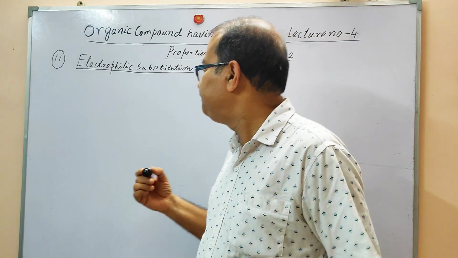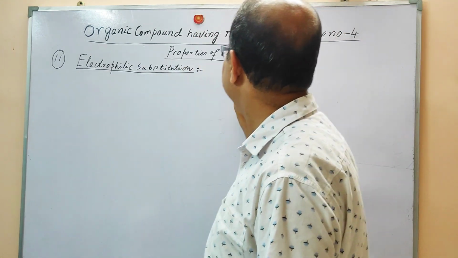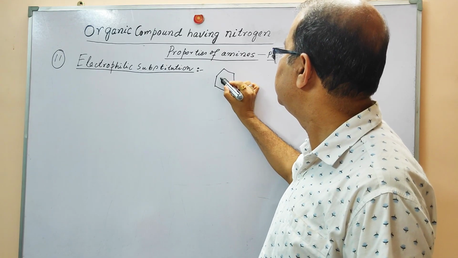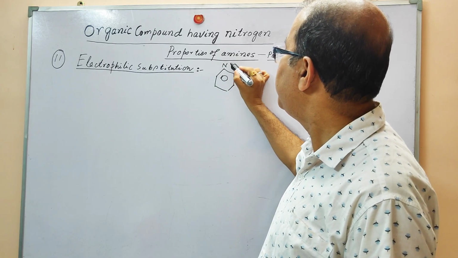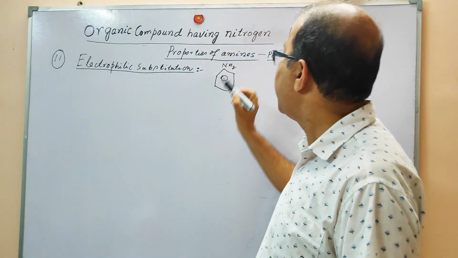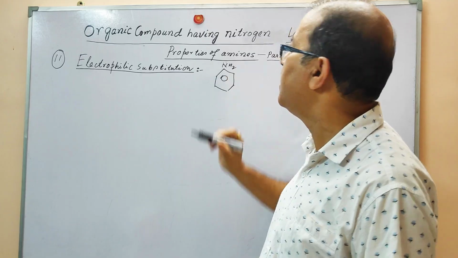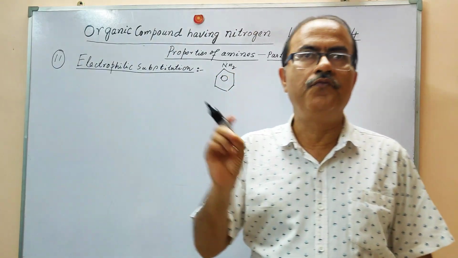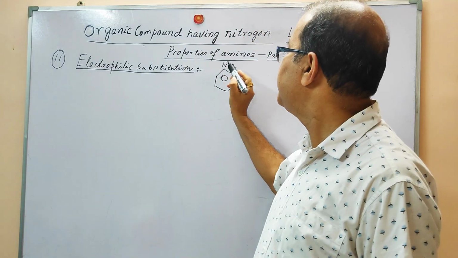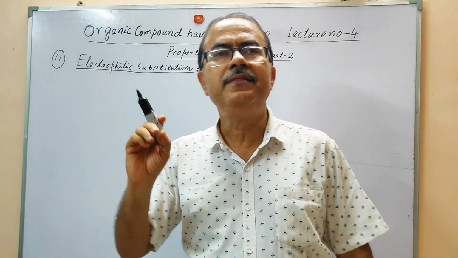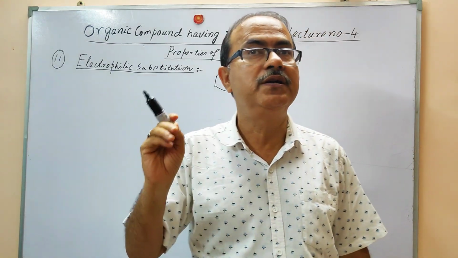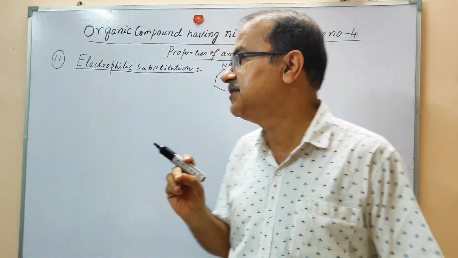So the aniline structure we know is this. The amino group is directly attached to the benzene ring, and the nitrogen has a lone pair of electrons, and this lone pair is donated to the benzene ring, and thus it is very much activated towards electrophilic substitution reactions.